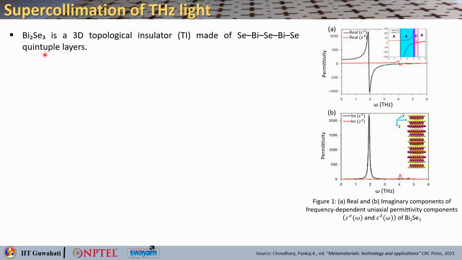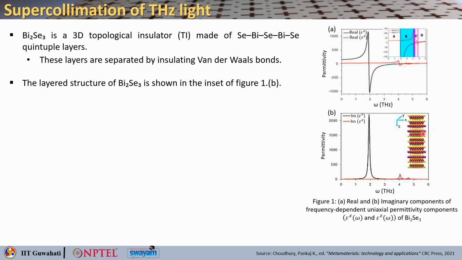Quintuple means it consists of 5 parts, right. These layers are separated by insulating van der Waals bonds. In this figure, you can see the layered structure of bismuth selenide.